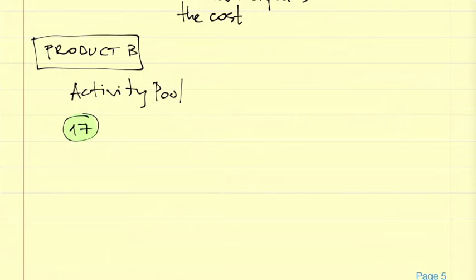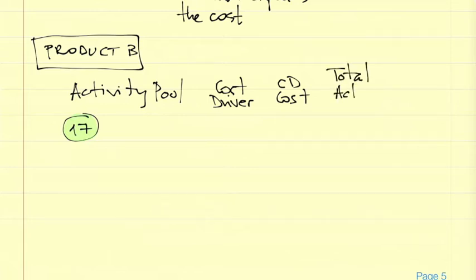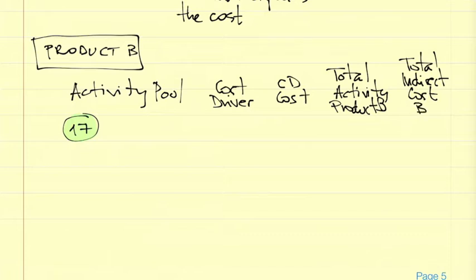I just put the cost driver, cost, total activity, product B, and total indirect cost, product B. I'm just going to put the numbers because we need them later.